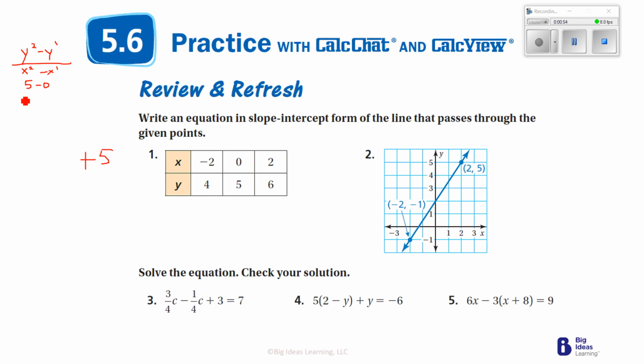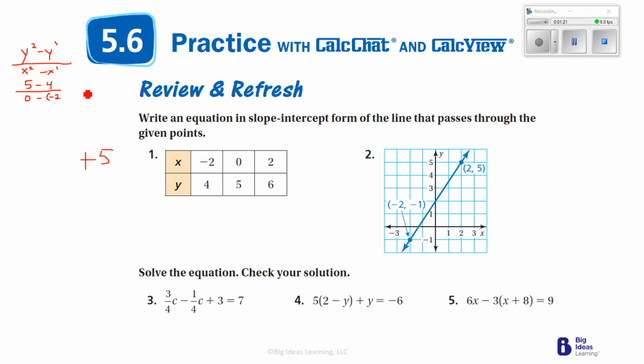All right, and then, I'm sorry, it's y, 5 minus 4. Sorry about that. It's y minus y. So that's 5 minus 4, and 0 minus 2. 0 minus, should we say, negative 2.